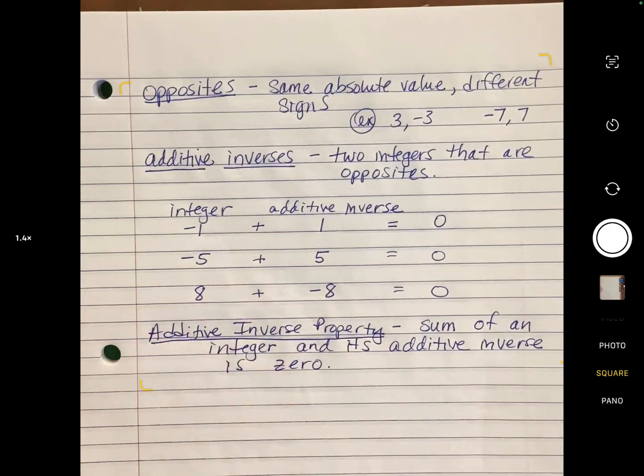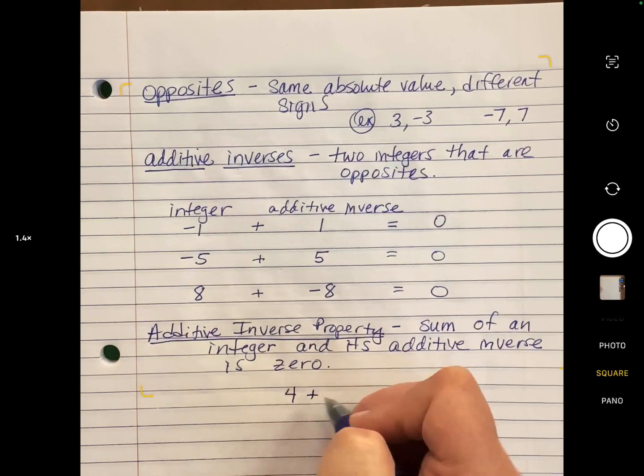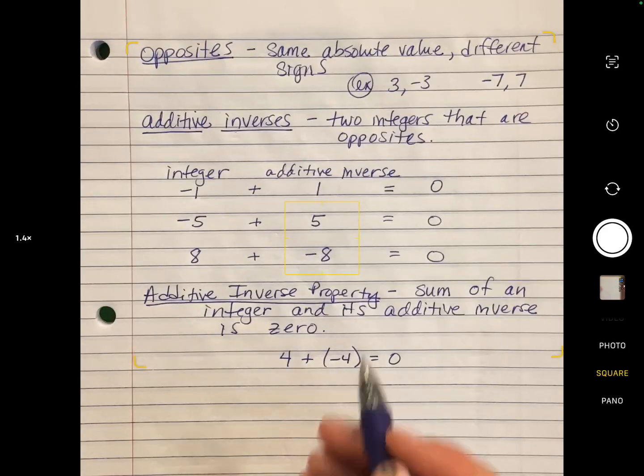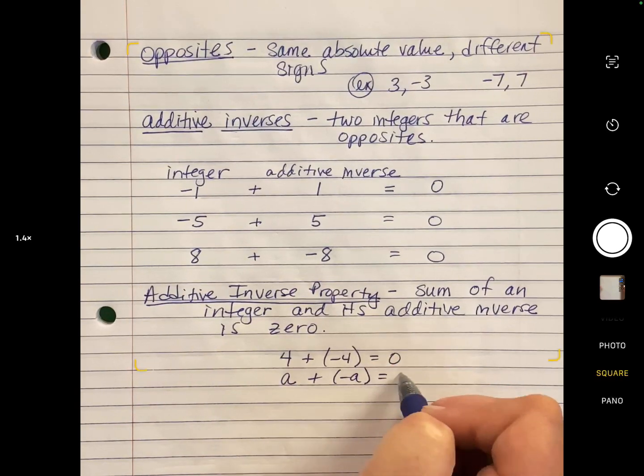Additive inverse property: the sum of an integer and its additive inverse is 0. So we would write that out like 4 plus negative 4 is equal to 0. We could also write that out with variables: a plus negative a is equal to 0.